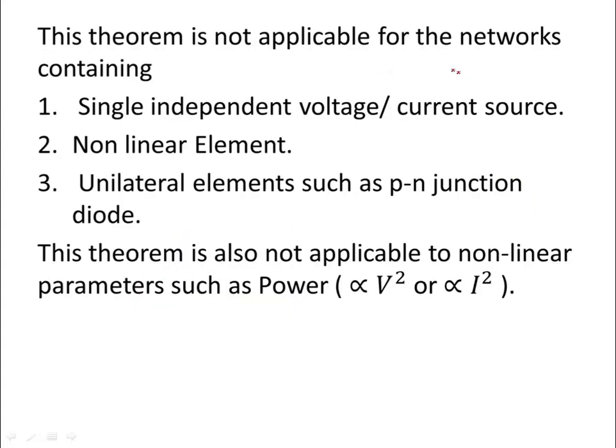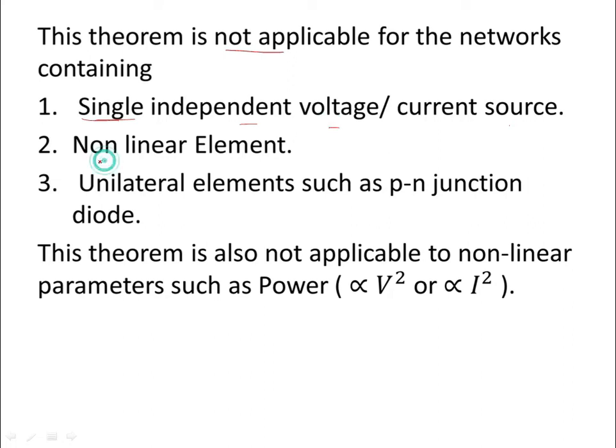This theorem is not applicable for a network containing a single independent voltage or current source, because if you have a single independent source, then there is no need to apply this. This theorem is used for multiple independent voltage or current sources.